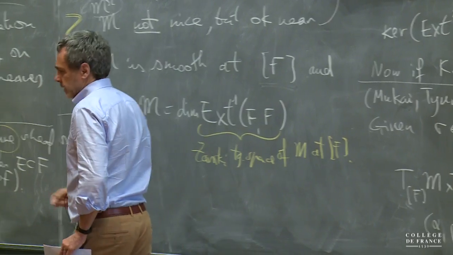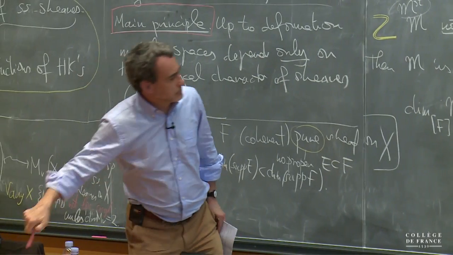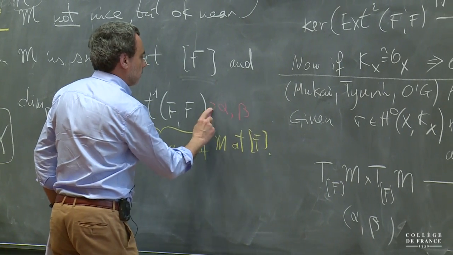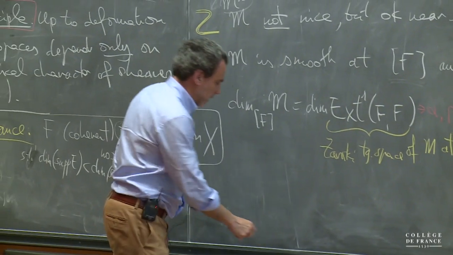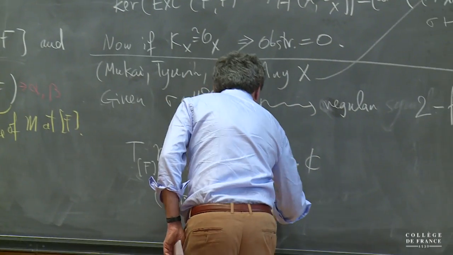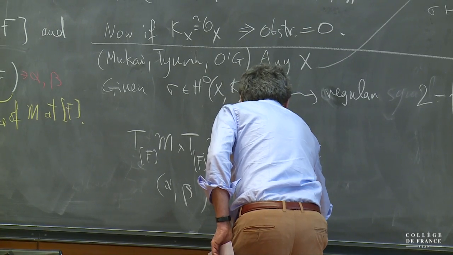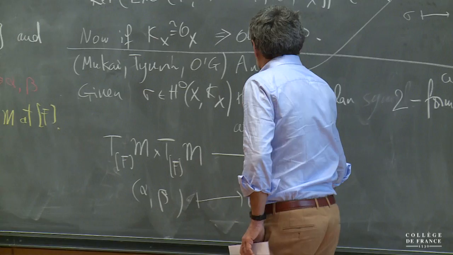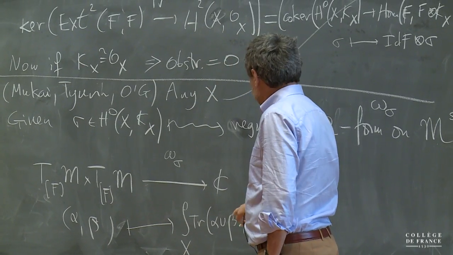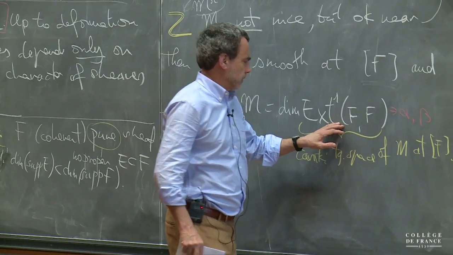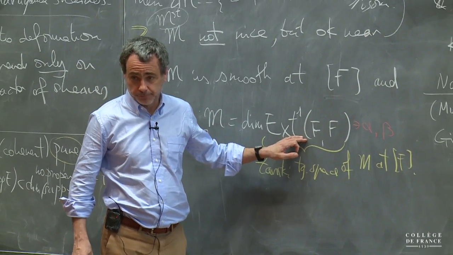Because I said that this is the Zariski tangent space, so alpha and beta are in here. And so where do I map it? I integrate over X. So alpha cup beta, this is the Yoneda pairing, so I get into Ext^2 of F, F.